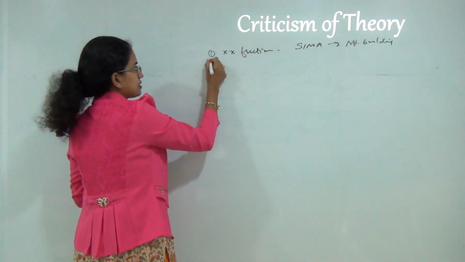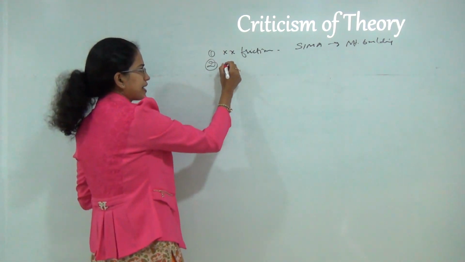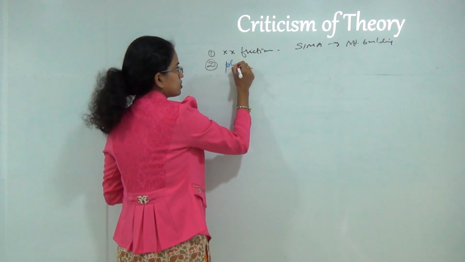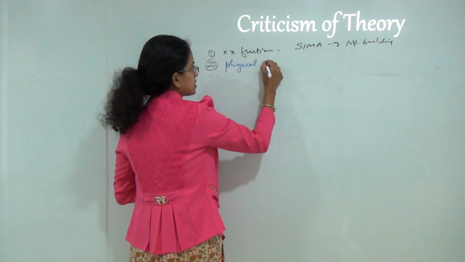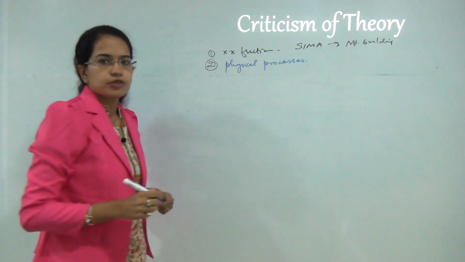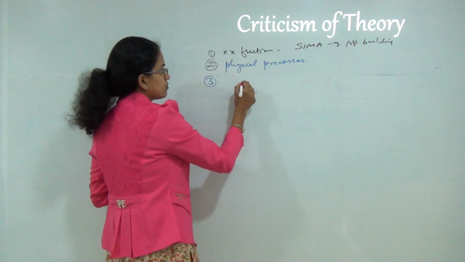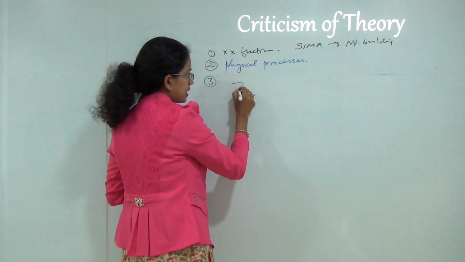The next criticism was the forces explained by Wegener were not sufficient. So the physical forces or the physical processes that were considered by Wegener were not sufficient to explain the process of continental drift.